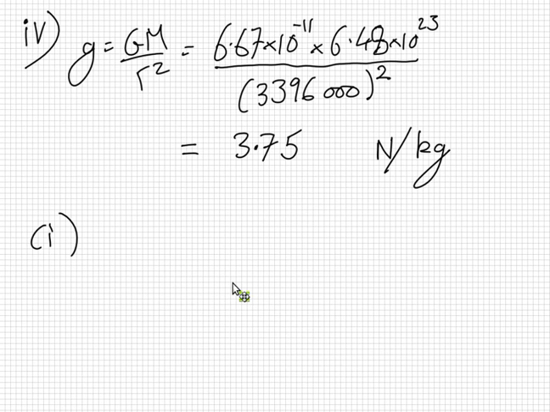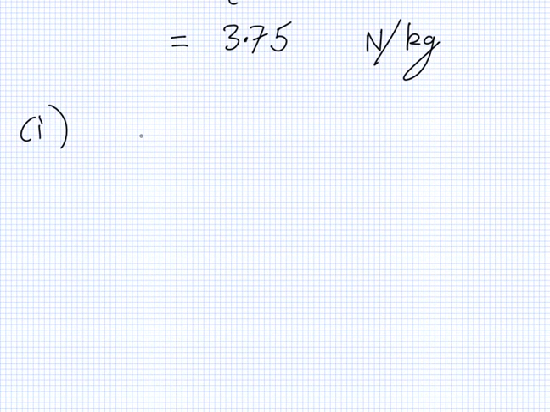So, see part 1. The probe is dropped from a height of 100 meters and they want the speed when it hits the surface. So I can use v squared equals u squared plus 2as.